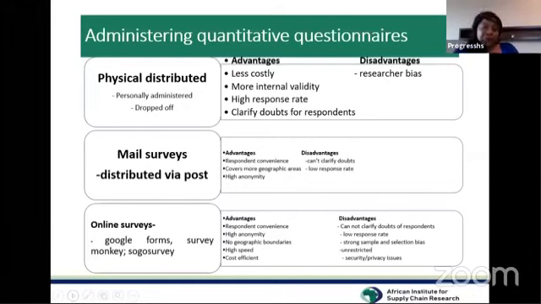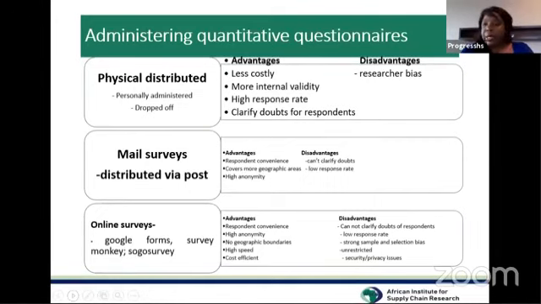The other way of distributing your questionnaire would be the online surveys. You can do that through emails, and you can do that through Google Forms. You can make use of Survey Monkey. You can make use of the SOGO survey. Depending on your sample size requirements, Google Forms would just allow you to get as far as 100.